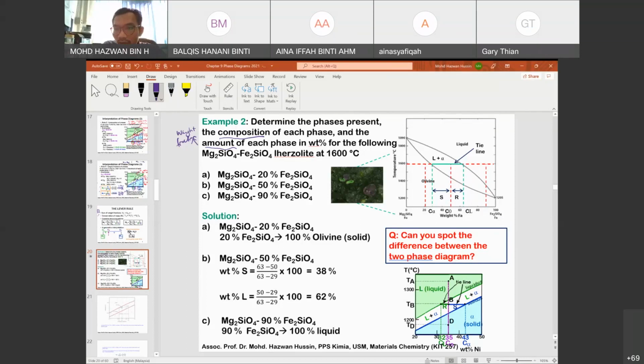At 20%, over here, I think I have helped you with the dotted line. First, it is mentioned that the temperature is at 1600, so you just draw the horizontal line at 1600. And then for 20%, from here, this is actually your point: 20% of iron silicate at 1600.